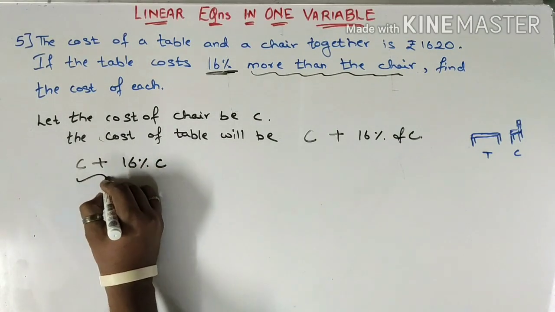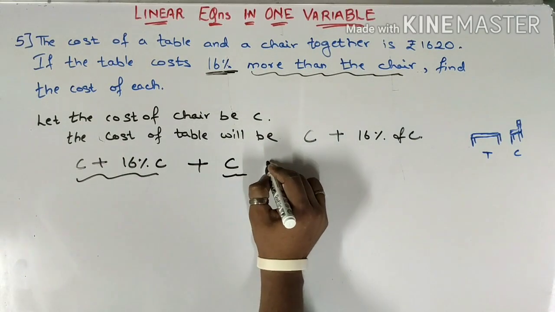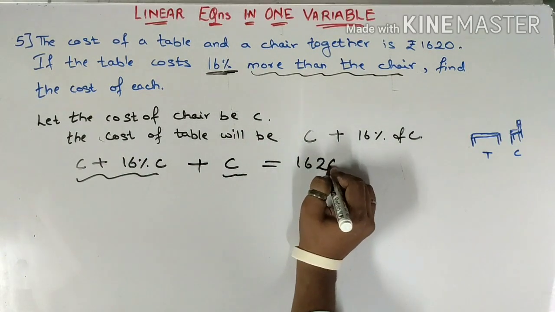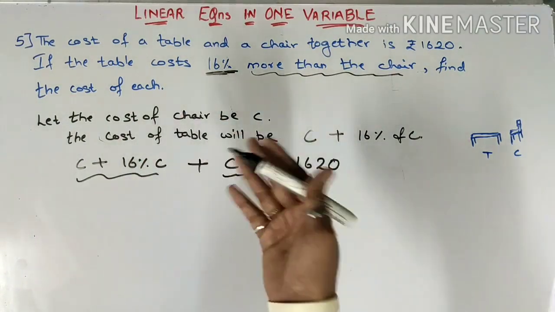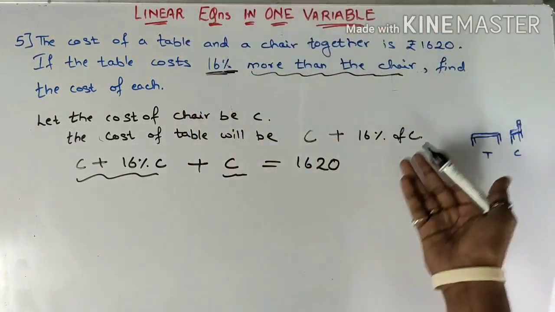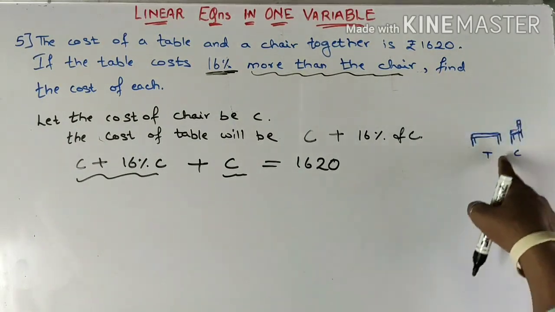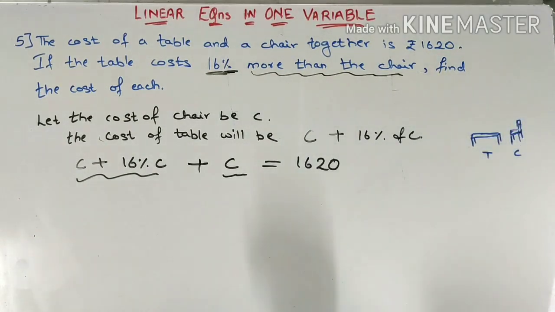This is my cost of table plus cost of chair gives me 1620. I have an equation, I have left hand side, I have right hand side, I have one variable, so eventually we have a linear equation in one variable to solve and find the value of C first. From that we'll find the value of T, that is cost of chair and cost of table.